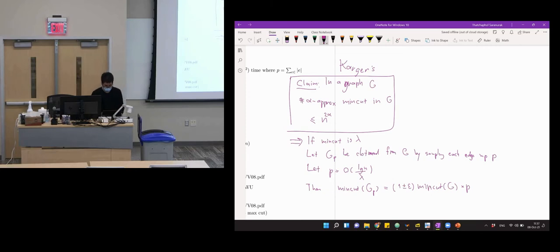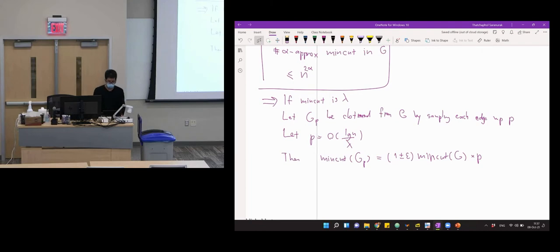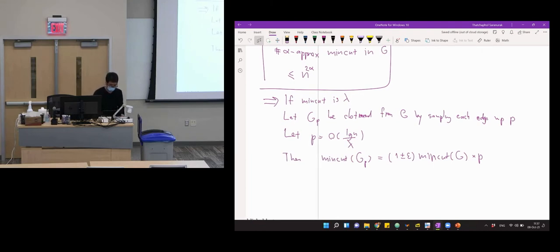So what I'm saying here is just that G_p is nothing but, when you have a graph, you sample each edge with probability p, so it is a subgraph of G, right?